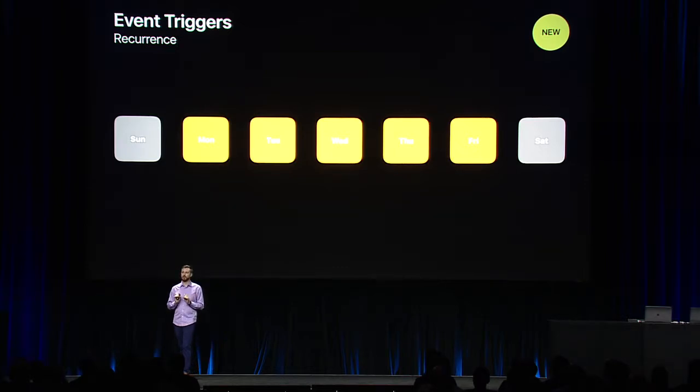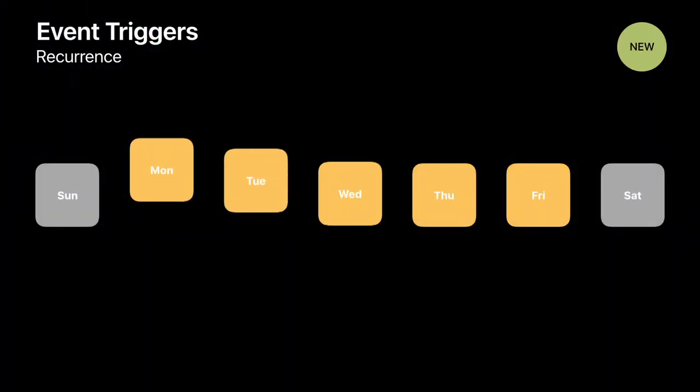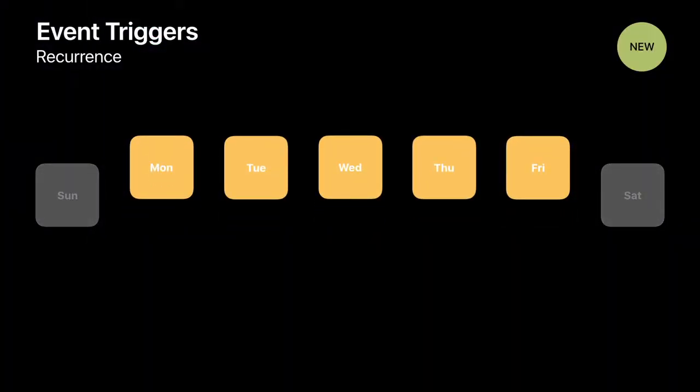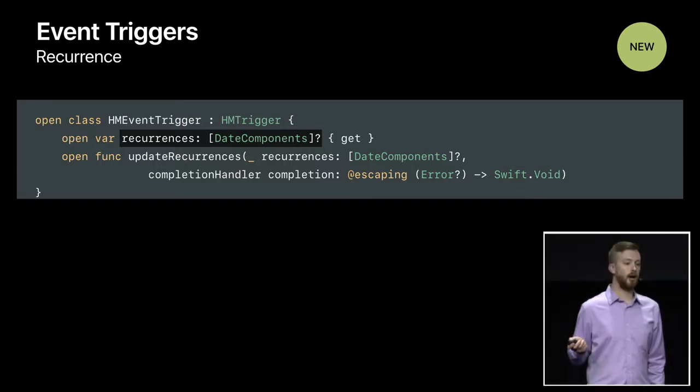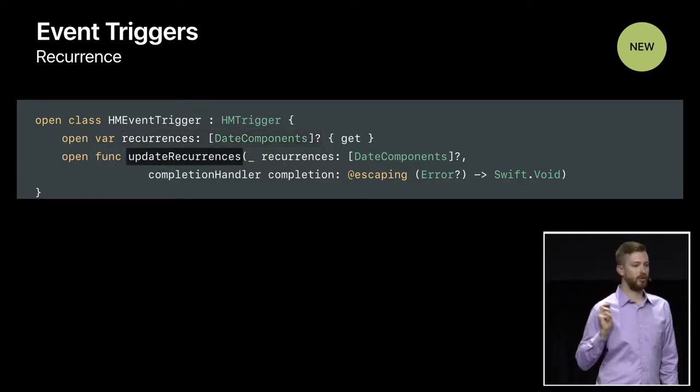Now, on a similar note, we often want a trigger to execute only on certain days of the week. And this is now possible via recurrences. Recurrences are available on HMEventTrigger, and they return an optional collection of date components which specify the days of the week for which the trigger is active. And you can update an existing event trigger with new recurrences via updateRecurrences with completion handler.